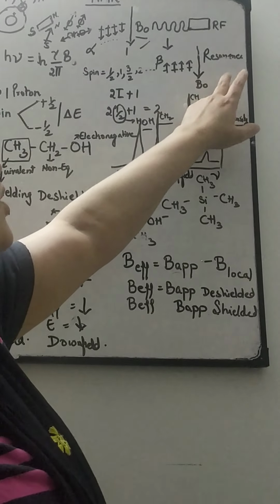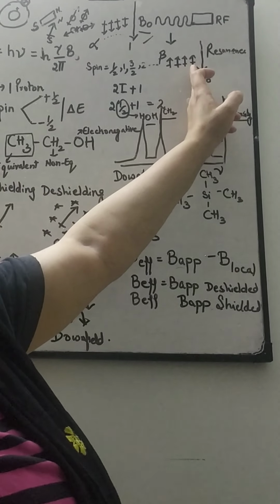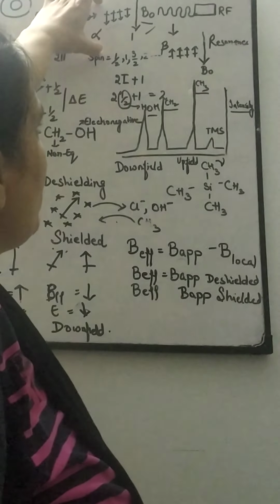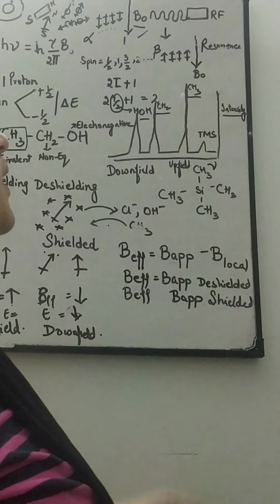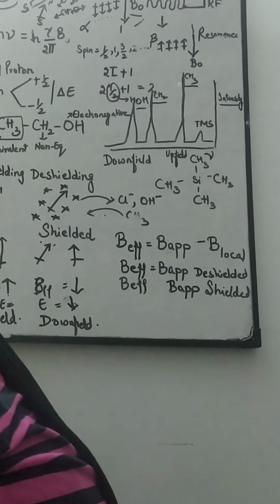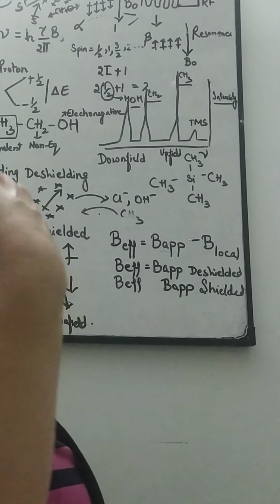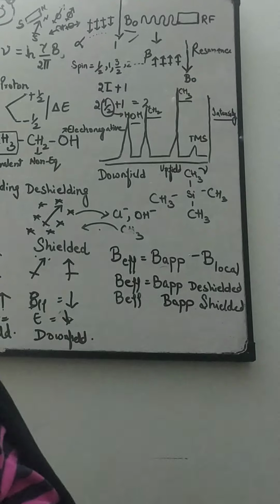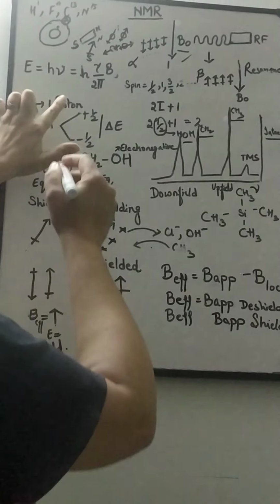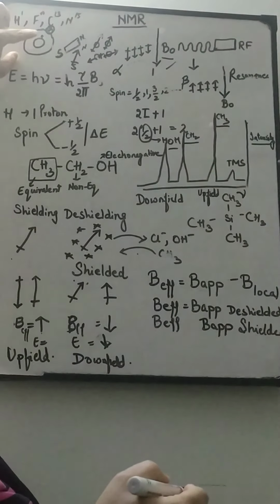And the amount of energy absorbed by the nuclear particles for flipping from the alpha position to the beta position is different for different nuclear particles, and it helps in identifying these particles and the electronic environment outside them. For example, in the case of the proton, we know that it contains one proton and one electron.